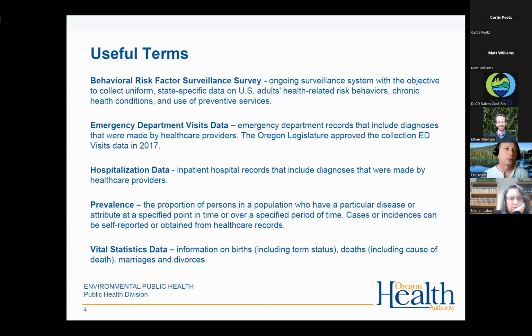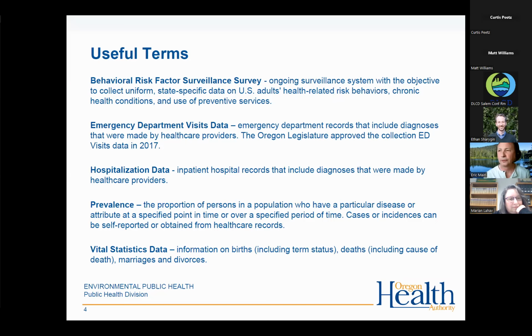Okay, so we're going to skip from cumulative impacts to looking at some of the data that we use at OHA to help identify communities with health disparities. These are just useful terms for you to become familiar with. The first is the Behavioral Risk Factor Surveillance Survey.